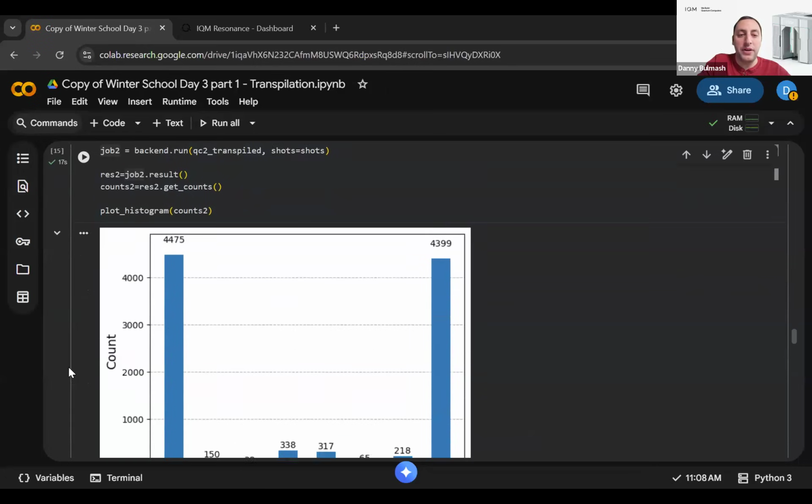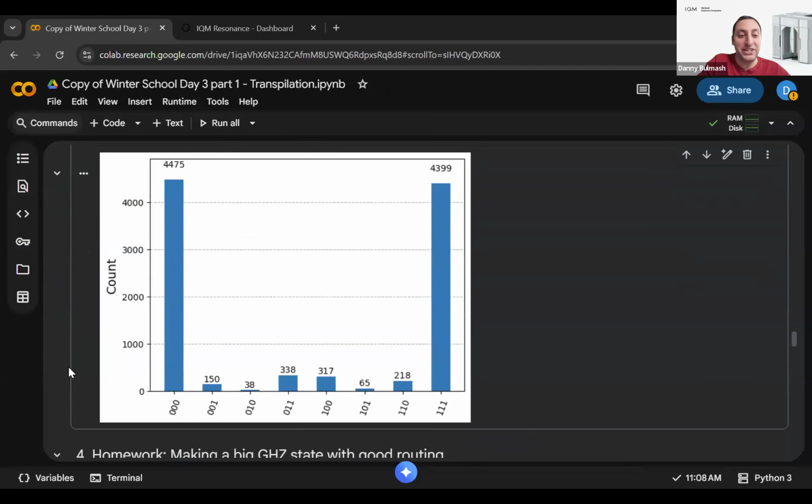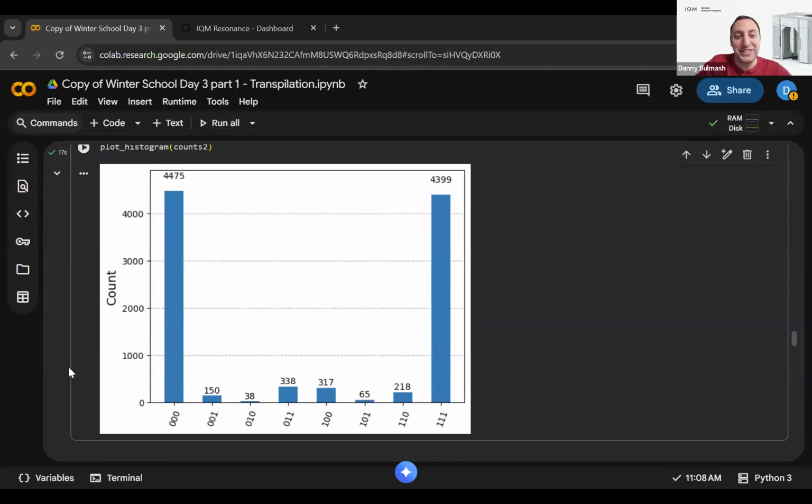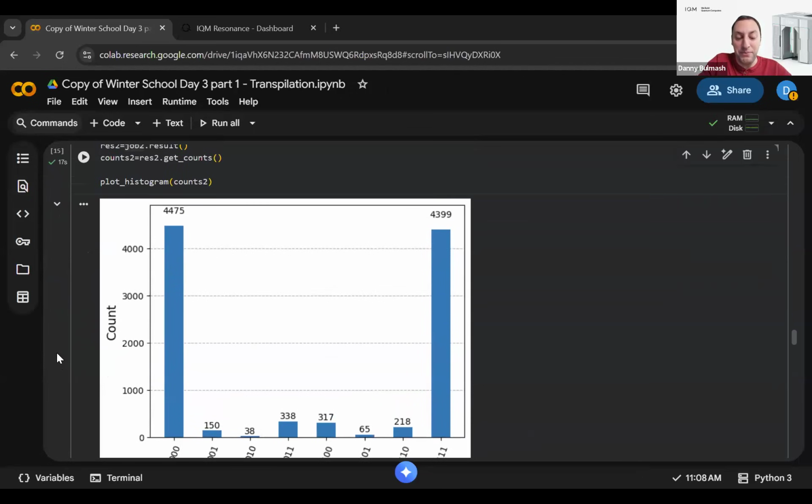And when we run on the qubits that we think are better, it actually doesn't do much better. We still get about 750 noise counts. So that could be random chance, just because noise is random. Or there could be something else going on with the qubits.